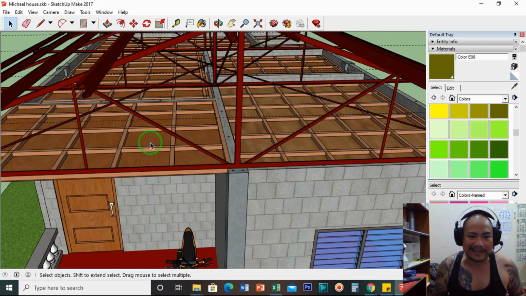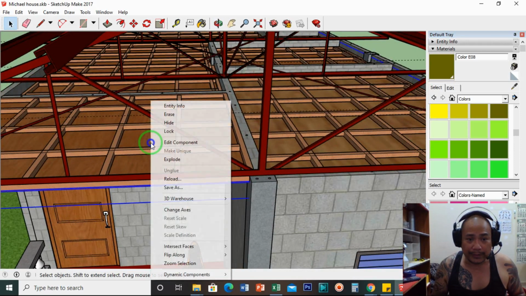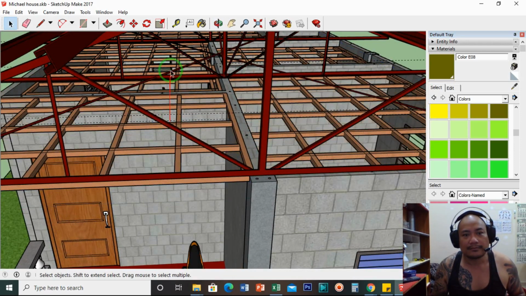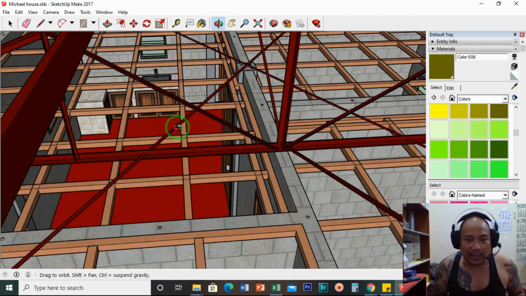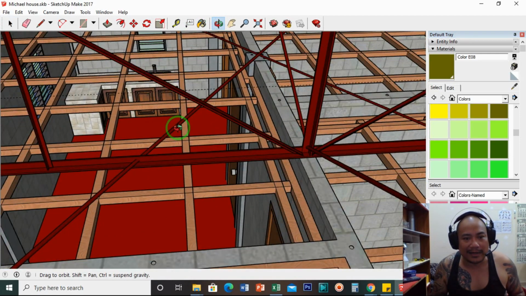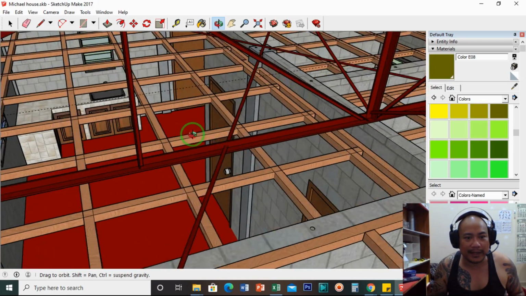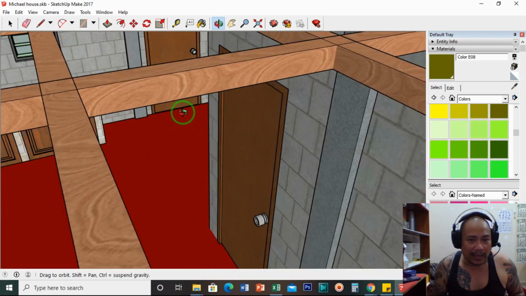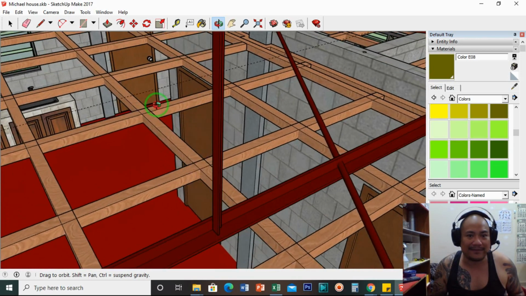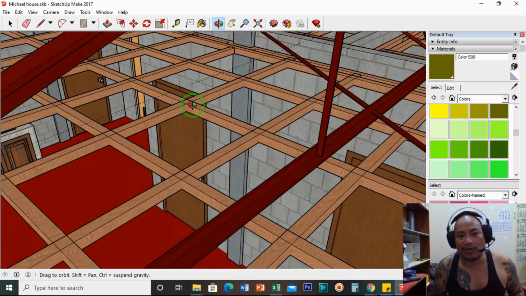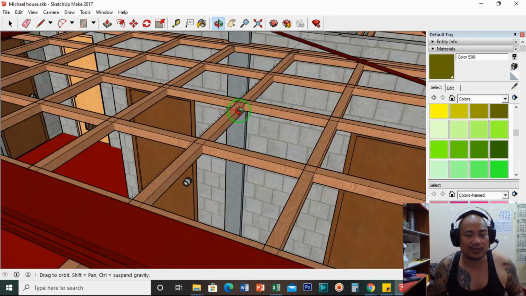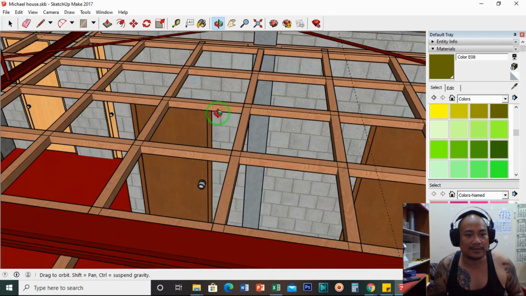Now I will remove the ceiling boards. In this design, my friend, I'm just using coco lumber in my ceiling frames, because in my friend's area there are so many coco lumbers you can find.